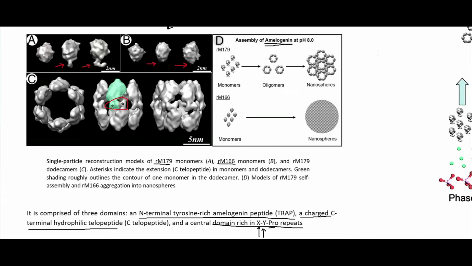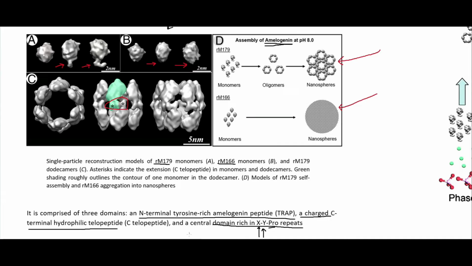So we see over here on top, we form these ordered structures with the full amelogenin proteins, and then the truncated version forms these disordered, or non-orderly, I guess, nanospheres. So these are aggregates of protein that are non-functional.